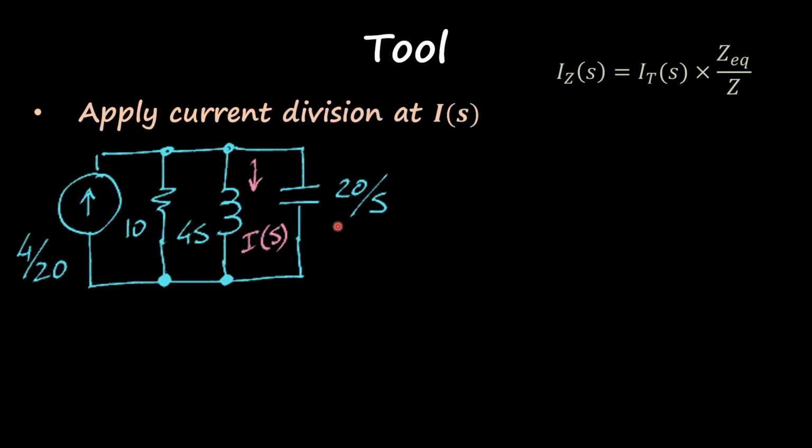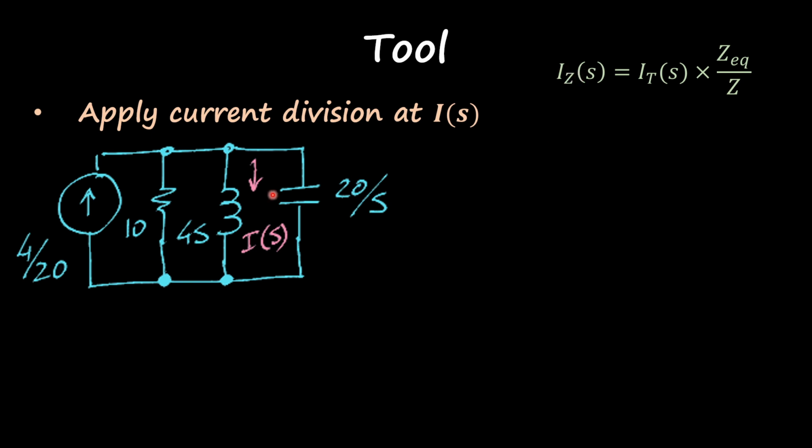Now, the next tool that I'm going to use: I could use KCL over here because everything is in parallel, but I'm actually going to apply a current division at I of S. If you don't recall, current division is as simple as: the current of interest is equal to the total current times the equivalent impedance over the impedance related to the current of interest.